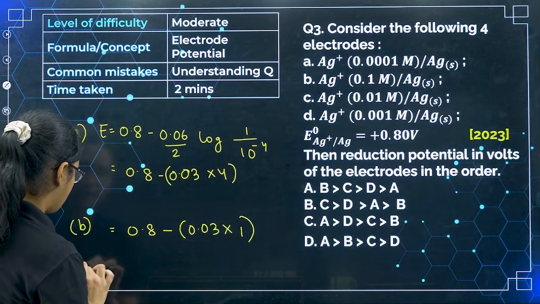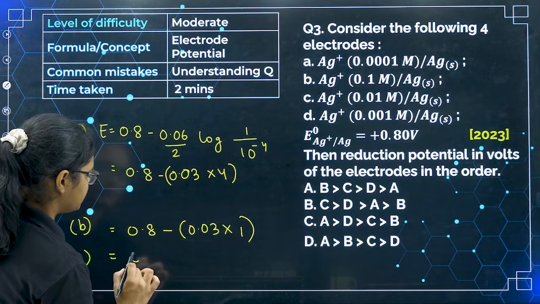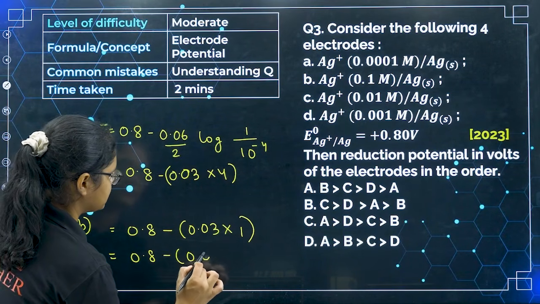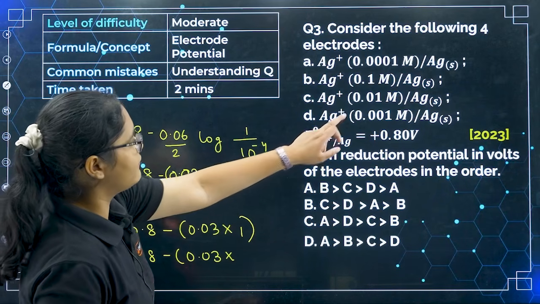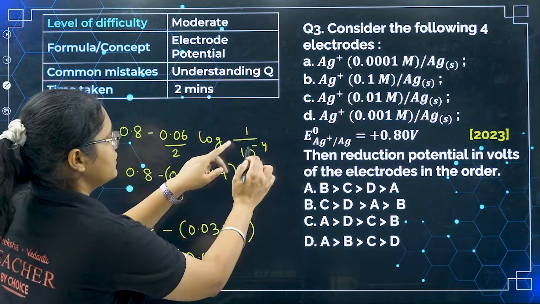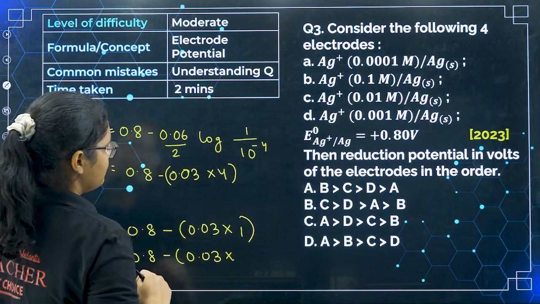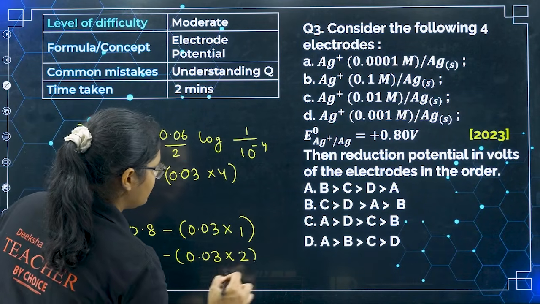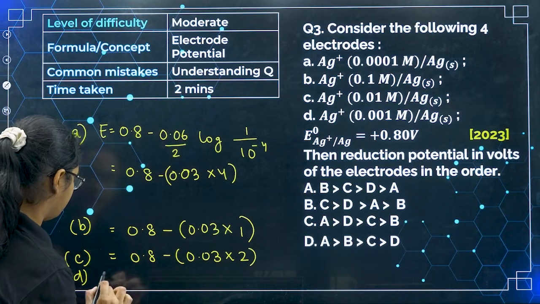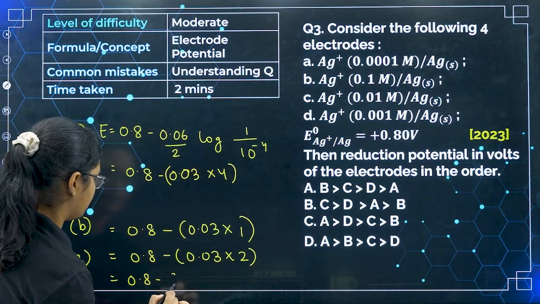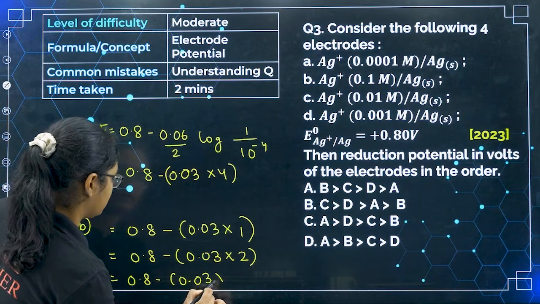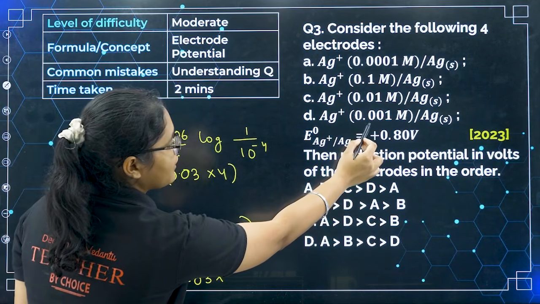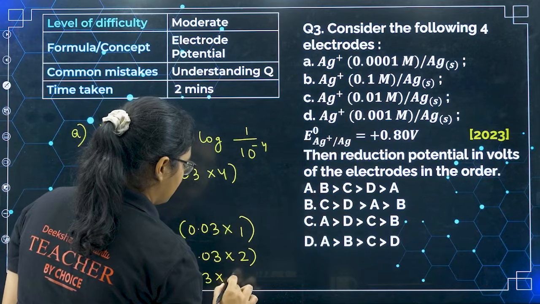Okay, next I will have option number C, where 0.8 minus 0.03 into, here I have log of 10 to the power of minus 2, that goes up, and then 2 will be there, so we will have into 2. And then option number D will be 0.8 minus 0.03 into, here I have 10 to the power of minus 3, it goes up, and here it will be 3.